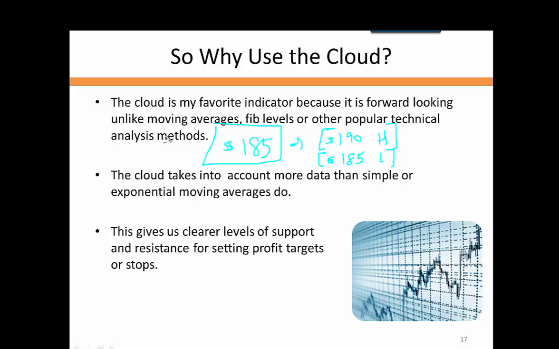Moving averages are very skewed numbers and they're not accurate. Fibonacci levels, the thing about Ichimoku that's really cool is they have built-in Ichimoku. Then we have the cloud is better than simple and exponential moving averages.